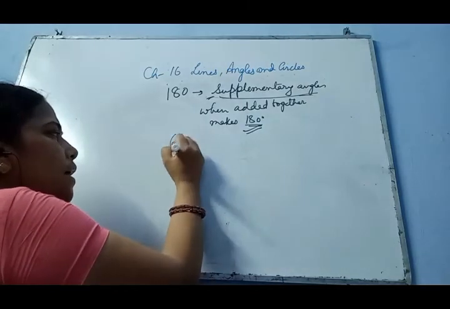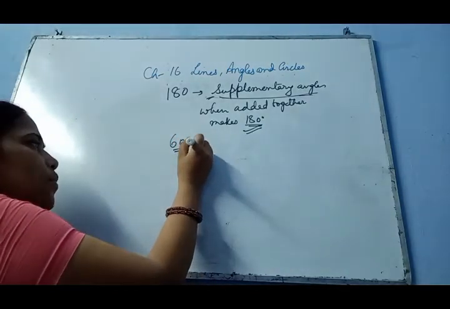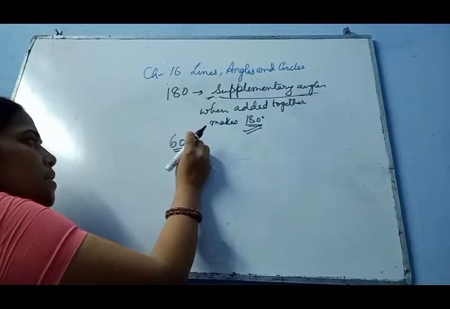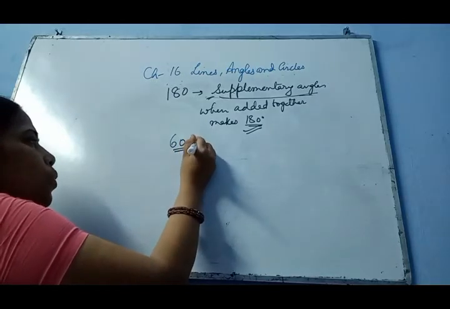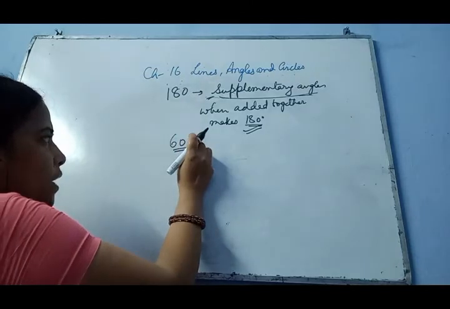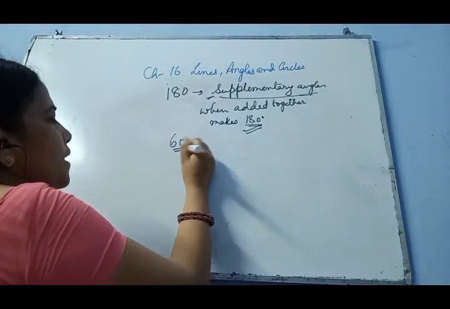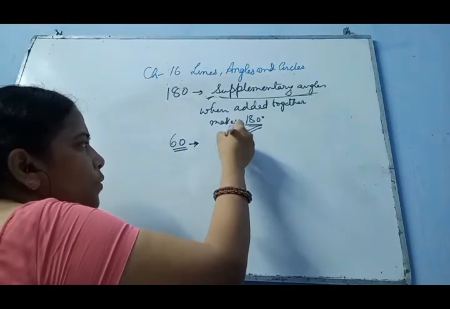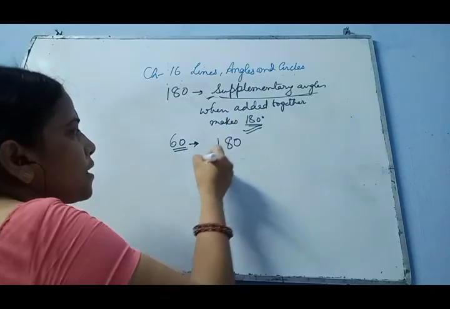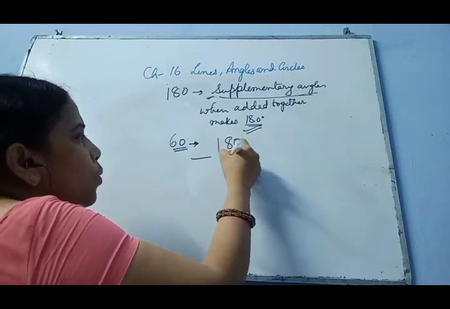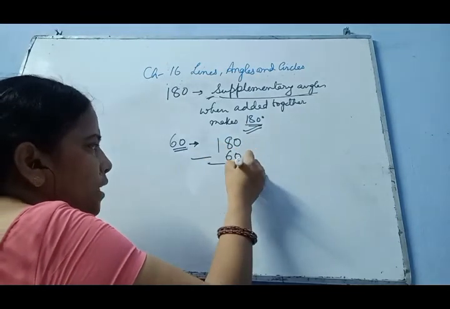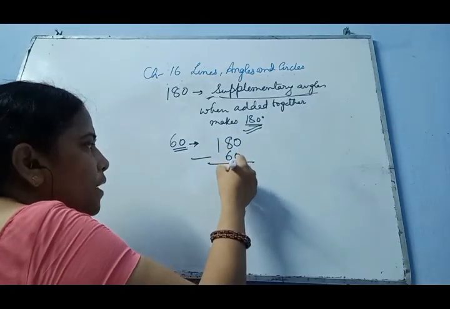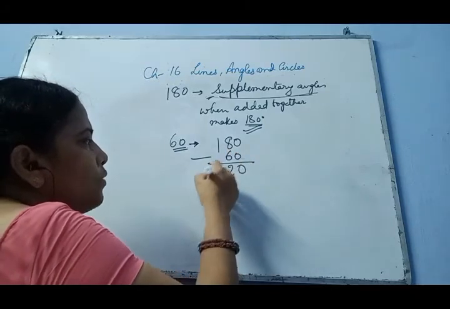Okay, the angle is 60 degrees. Then how much are we going to add to this 60 to make it 180? For that, what will we do? We will subtract 60 from 180. 0, 8 minus 6 is 2, and 1.